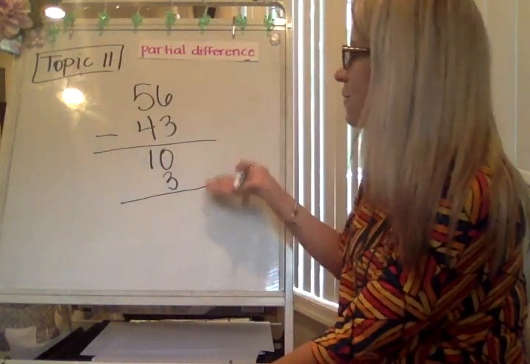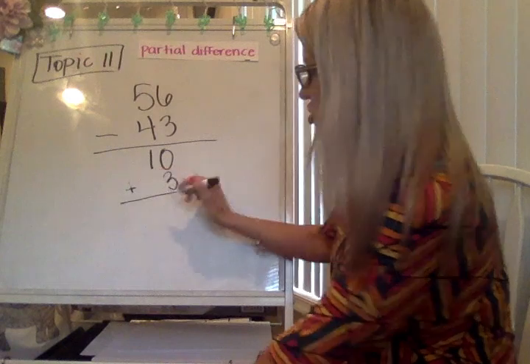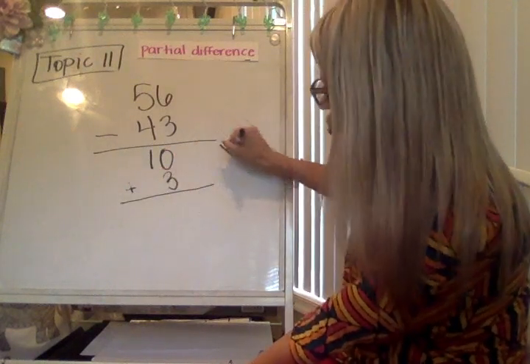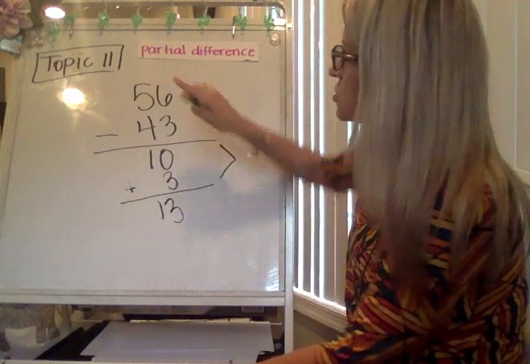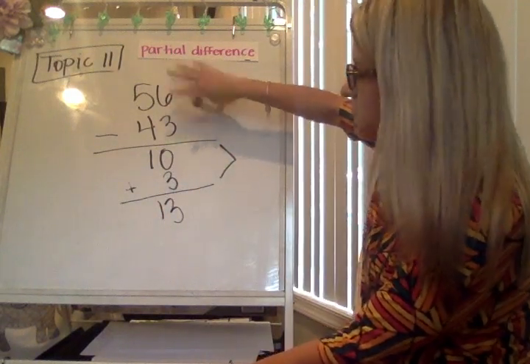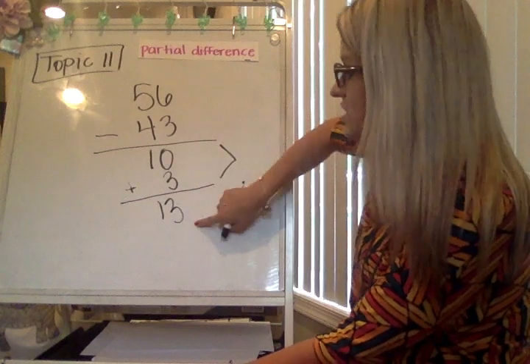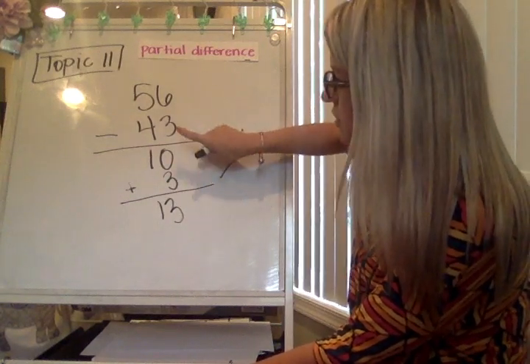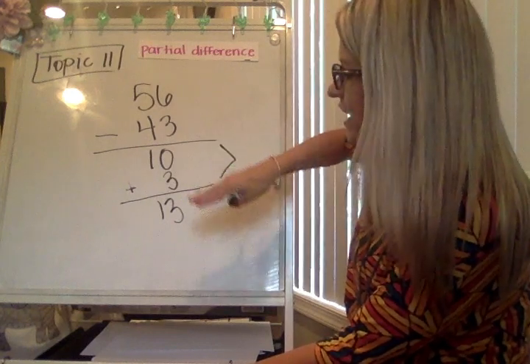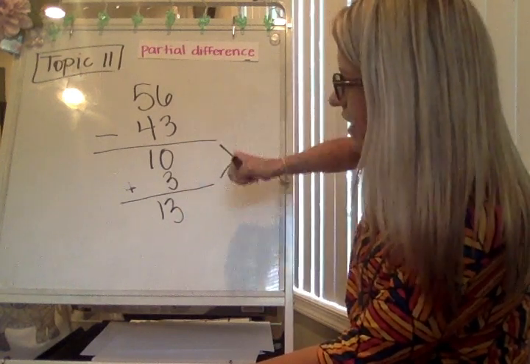And then if I look at this, I just add these two together. These are my partial differences. So 10 plus the 3 is 13. So the difference between 56 and 43 is 13. First I subtracted the 4 tens, and then I subtracted the 3 ones.